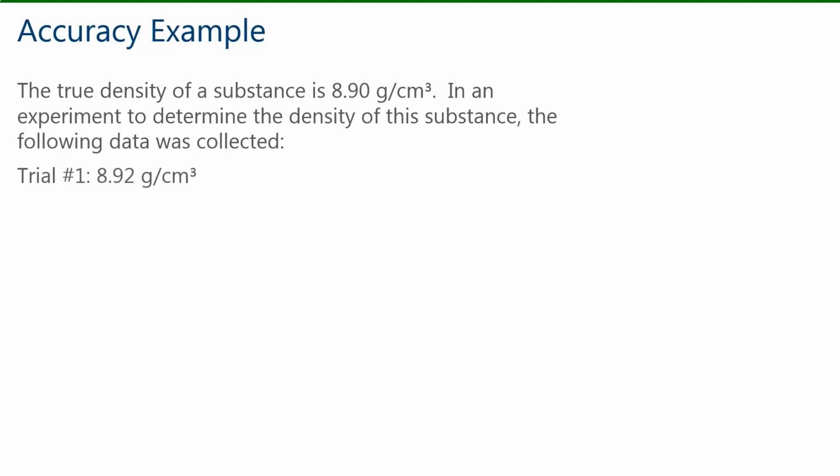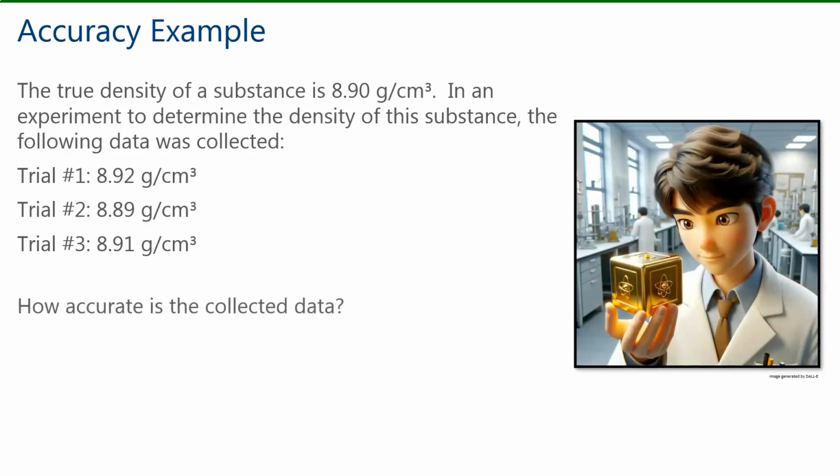In trial number 1, the results were 8.92 grams per centimeter cubed. In trial number 2, the results were 8.89 grams per centimeter cubed. And in trial number 3, the results were 8.91 grams per centimeter cubed. How accurate is the collected data?